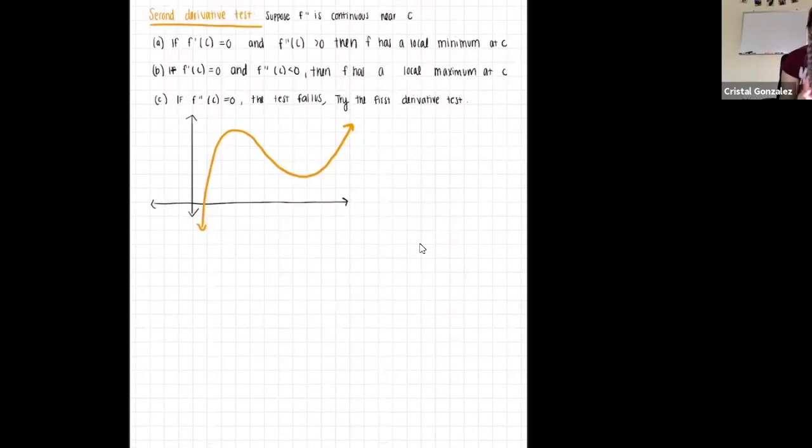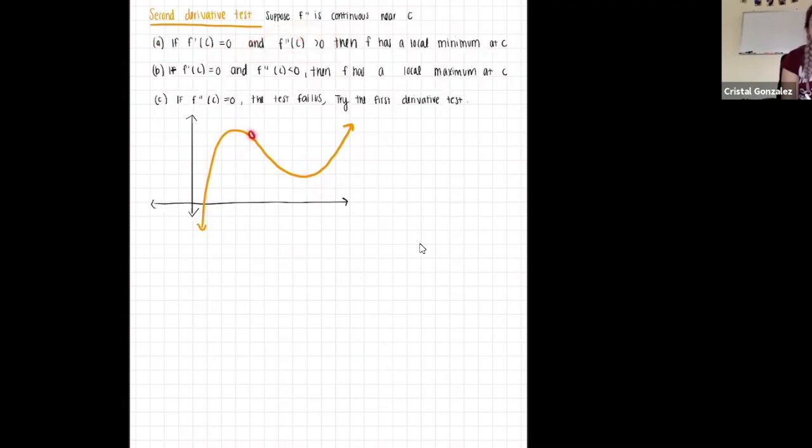The second derivative test says if f double prime is continuous, which just means that we're able to take a second derivative, near some value c, and remember that c could be any value. For example, this here can be our value c, or down here can be our value c, just a critical point. If we find out that c is a critical point and the second derivative is greater than 0, that tells us that we are concave upward.